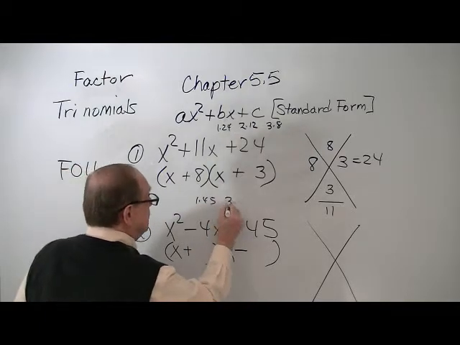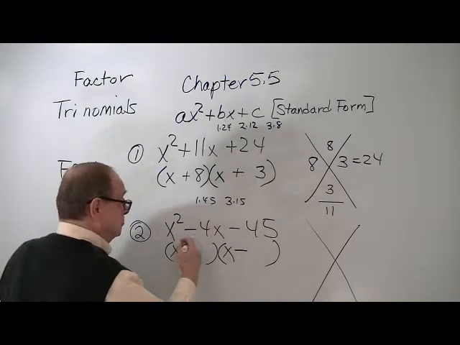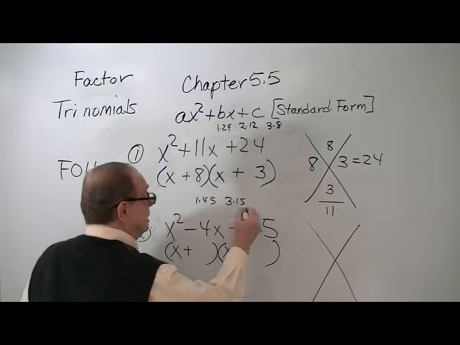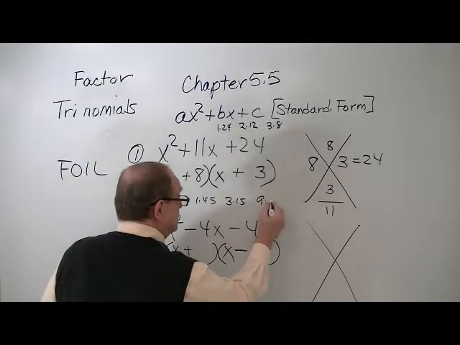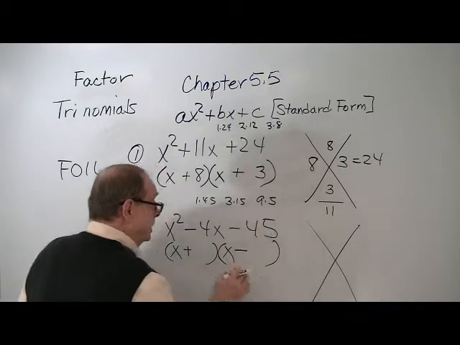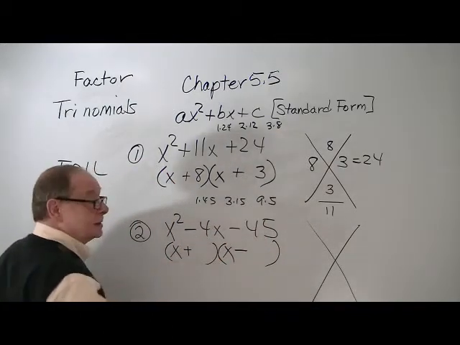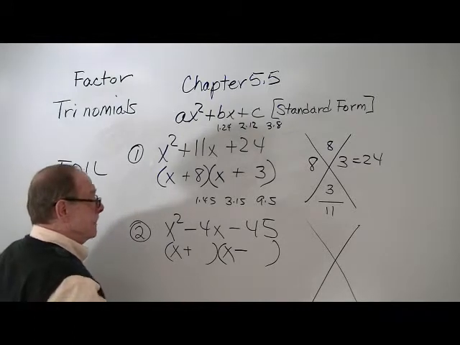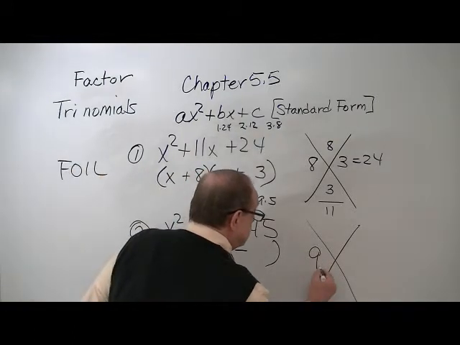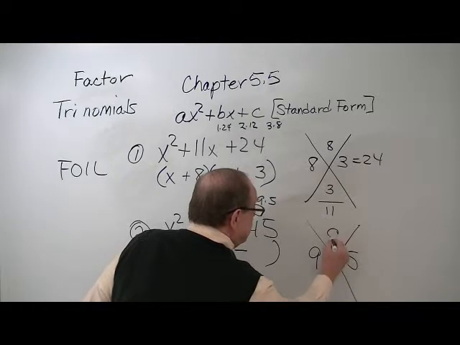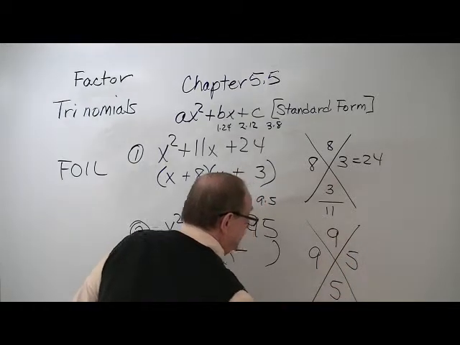We can go 3 times 15, that doesn't do it. 9 times 5, the difference of it is 4. So we're going to have a 9 times 5.